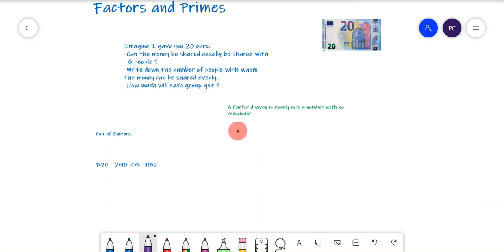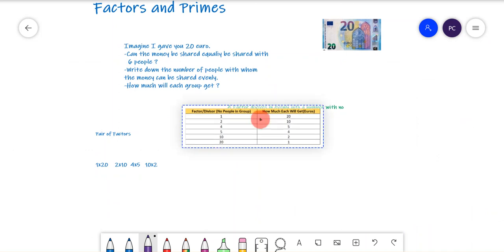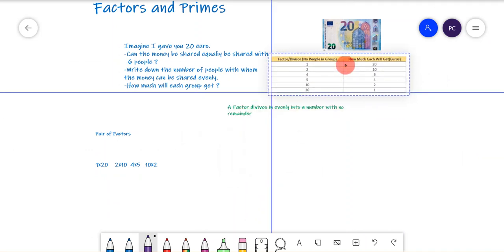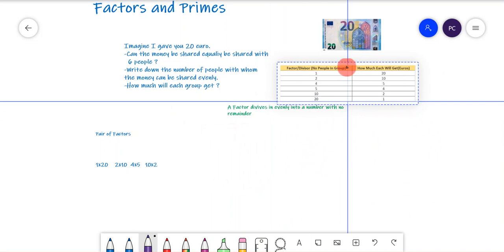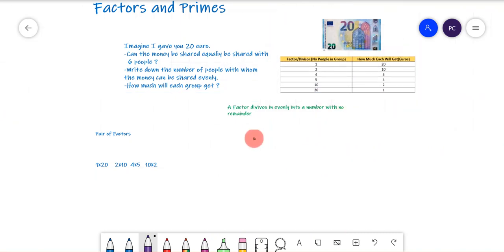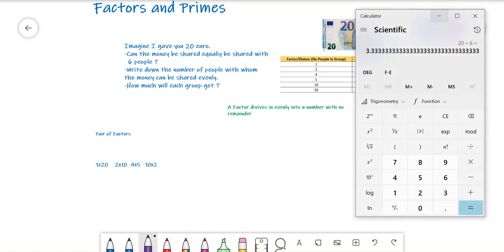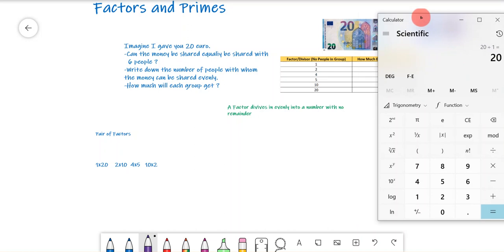Okay, so if you work this out, you might have got something like this. If we had one group of people, each member in the group would get €20. If we take our calculator and divide 20 by 1, we can see that it divides in evenly 20 times.